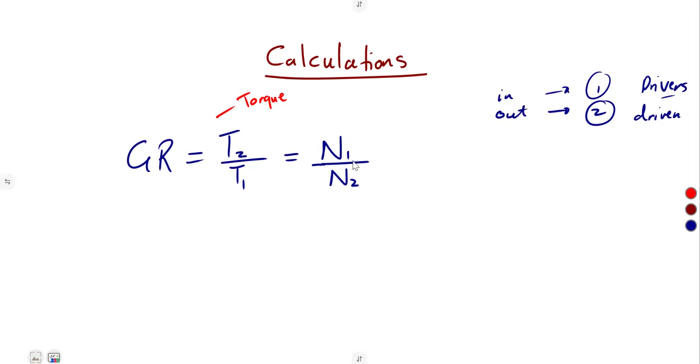The speed is input over output, even for the angular velocity, it's 1 over 2. Input over output, even for the angular acceleration, it's 1 over 2. All right.